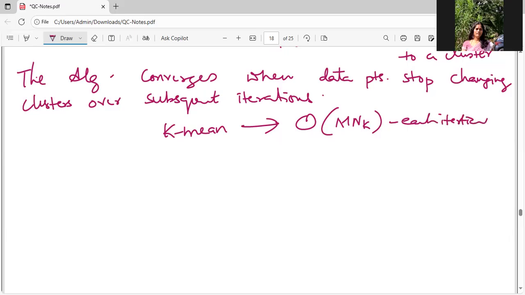The distance computational complexity for each data point to a cluster is of order n, where n is the number of features of the data point. Since there are k clusters for each data point, the complexity is order of nk. Since each of the m data points would have complexity order of nk, the overall complexity would be mnk.